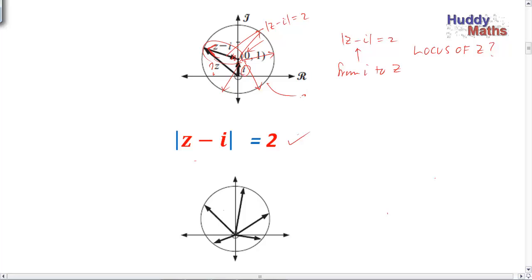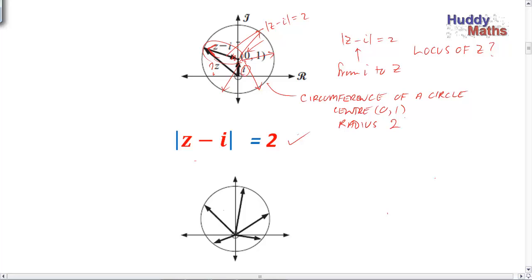So the locus will be the circumference of a circle, centre (0, 1), and radius 2.